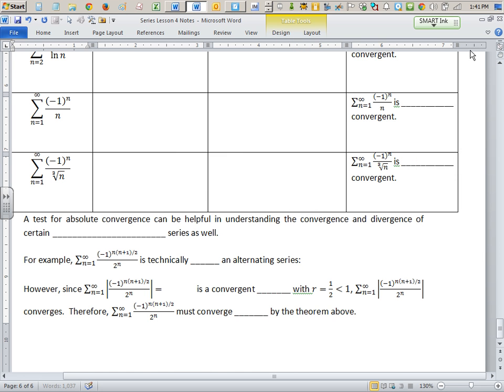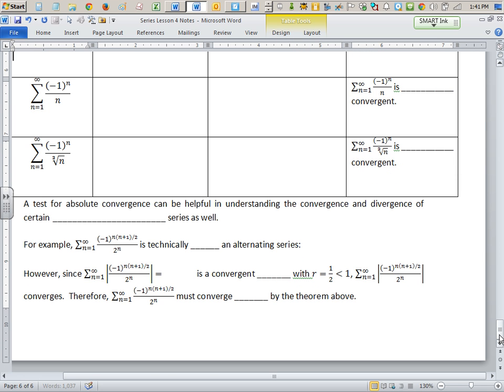So look at this next problem. It's a non-alternating series. Why do I say that? Well, if you plug in 1, you get negative 1/2. And if you plug in 2, you get negative 1/4. But if you plug in 3, you get positive 1/8. If you plug in 4, you get positive 1/16.